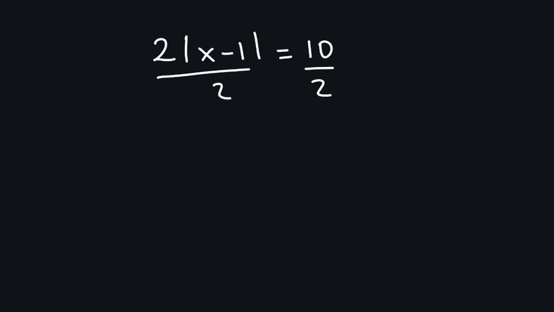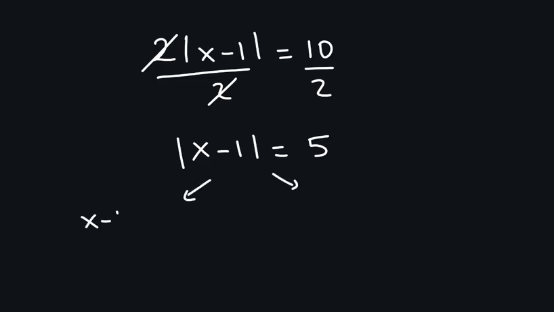On the left side, the 2's cancel out, so I have absolute value of x minus 1 equals 10 divided by 2, which is 5. Now I can apply the two possibilities. X minus 1 is 5, or x minus 1 equals -5. So I need to solve both cases.